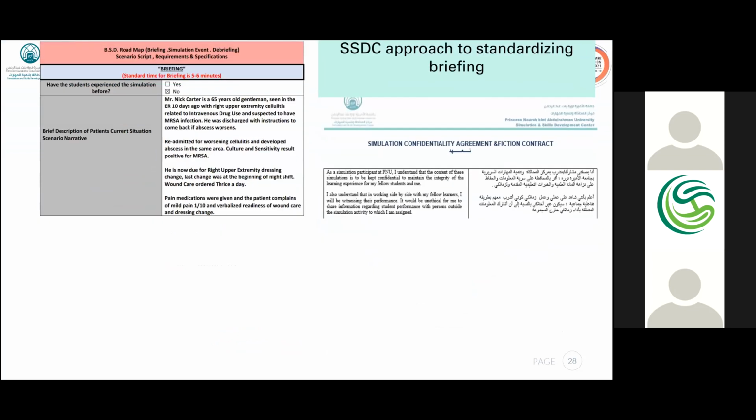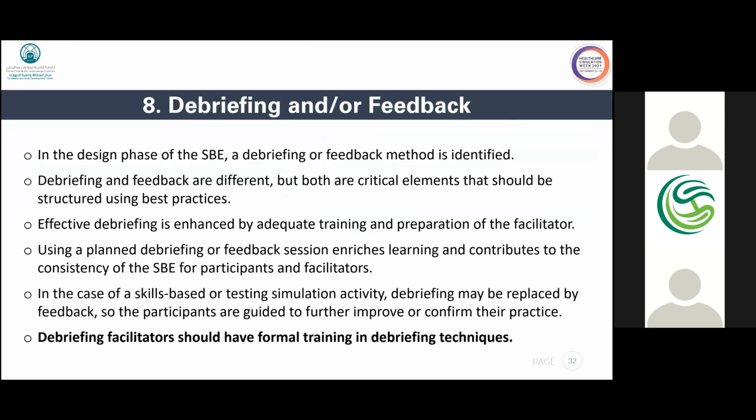For the debriefing and feedback section of our scenario design elements, most references recommend that even if we have several types or methods of debriefing, you add some recommendation regarding the suitable debriefing methods when you are designing your simulation scenario.